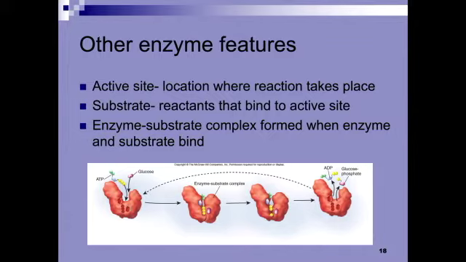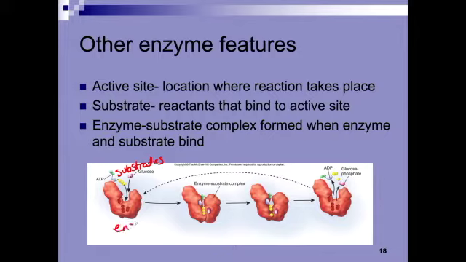And where our two molecules actually fit or bind to the enzyme is referred to as the active site. These two molecules, the ATP and the glucose in this example, are the substrates. These are the reactants that will bind to an enzyme for a reaction to move forward. So ATP and glucose are the substrates.